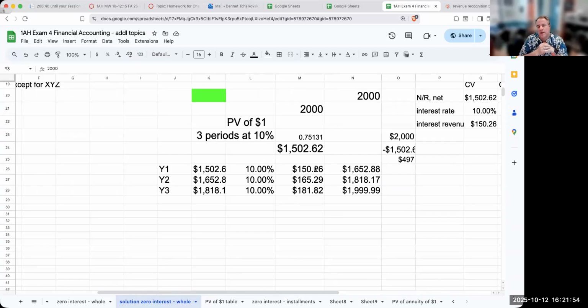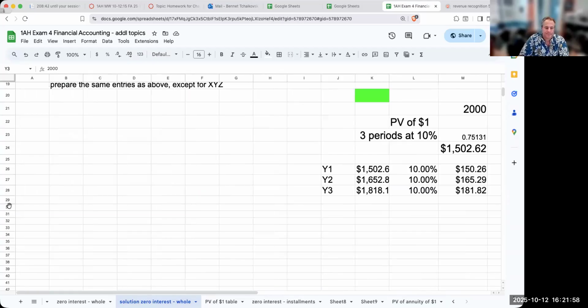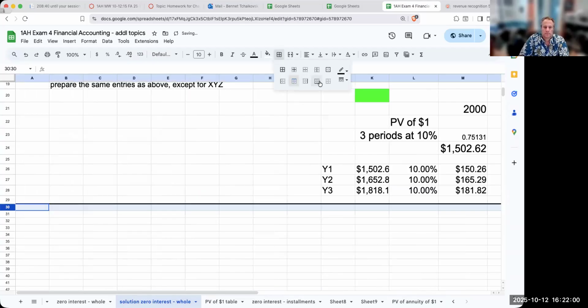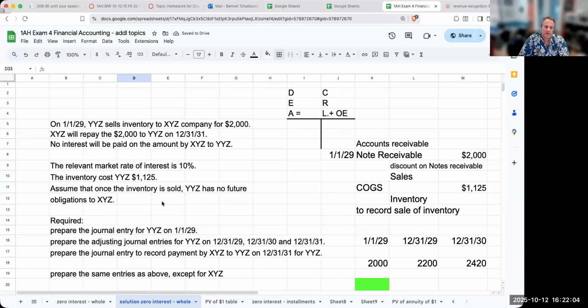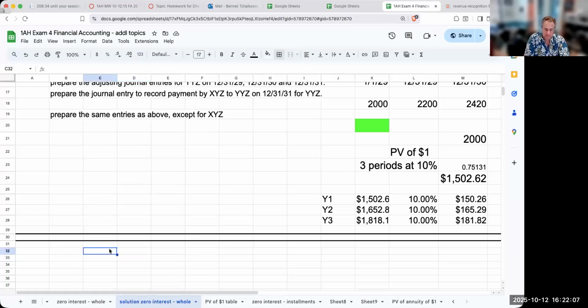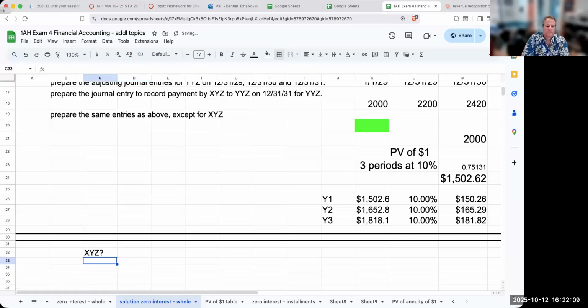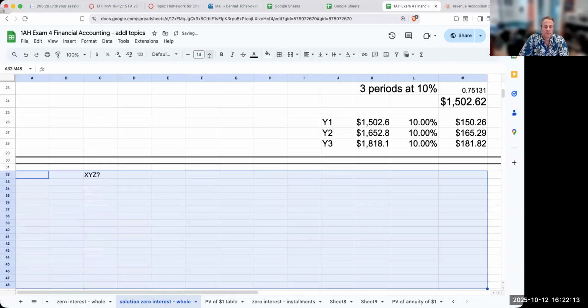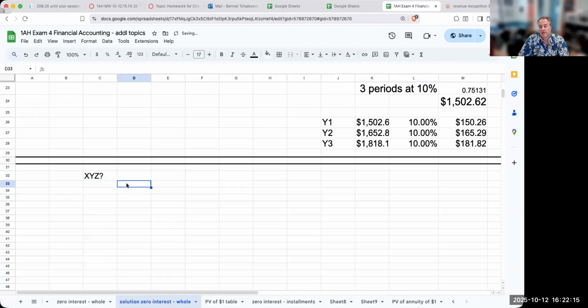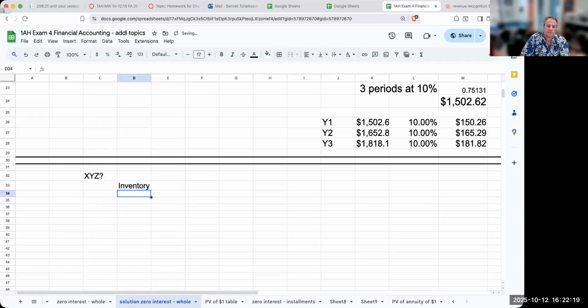We're now going to do this from the other side. So let's take a look at this other side. Now we're going to be looking at this from the perspective of XYZ. Over here, XYZ is basically purchasing inventory.